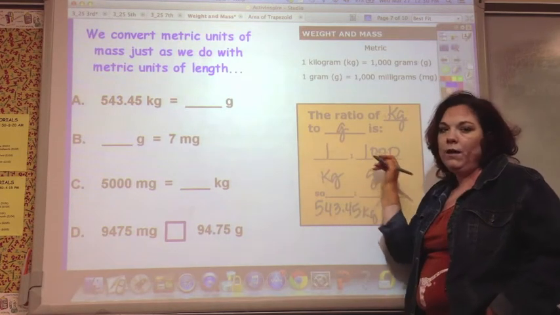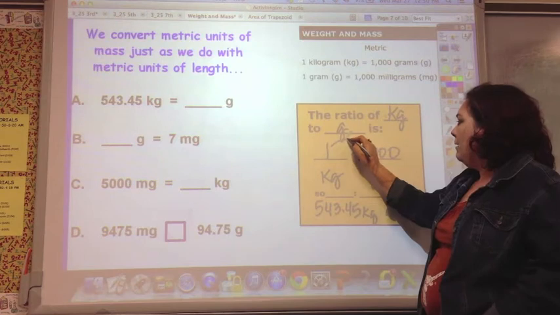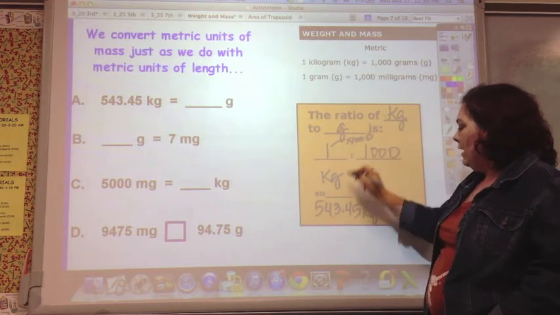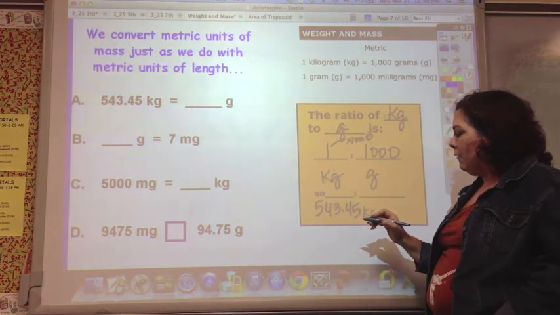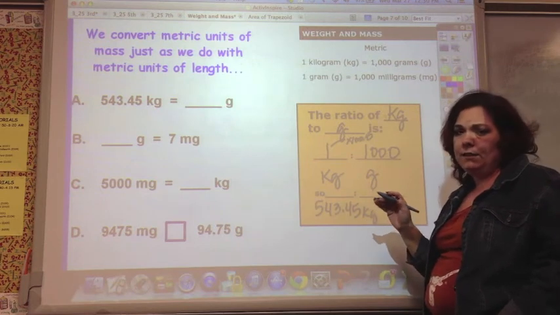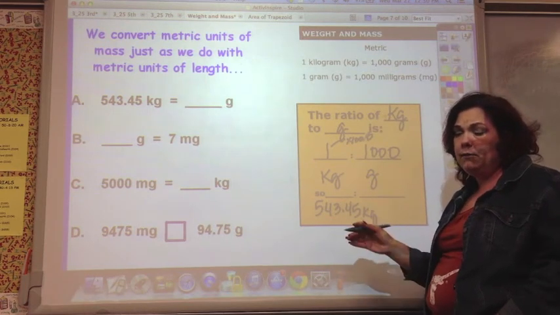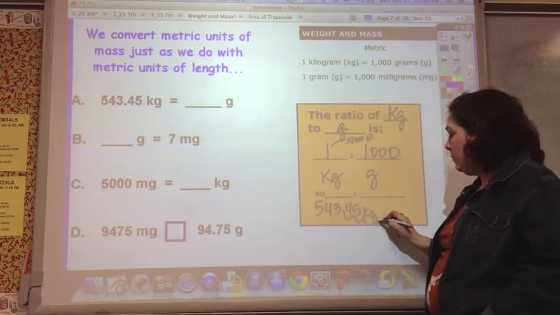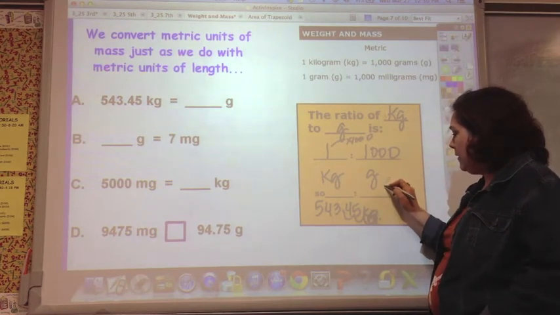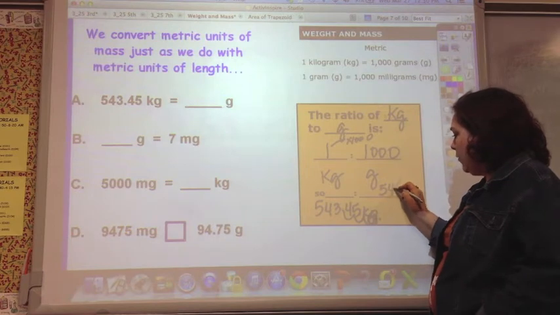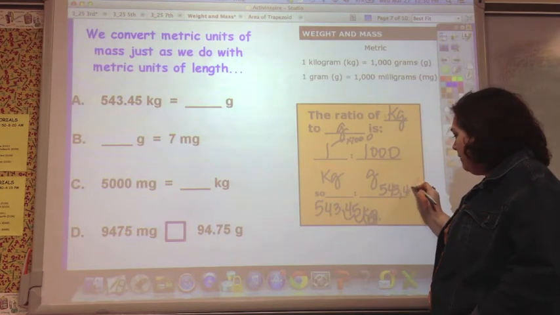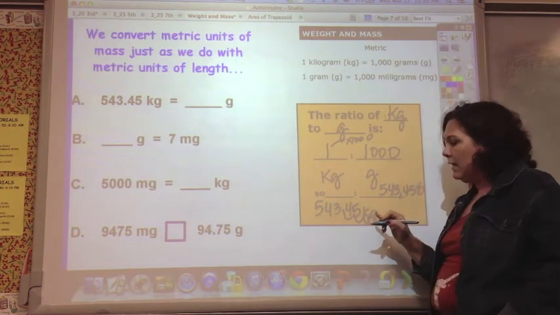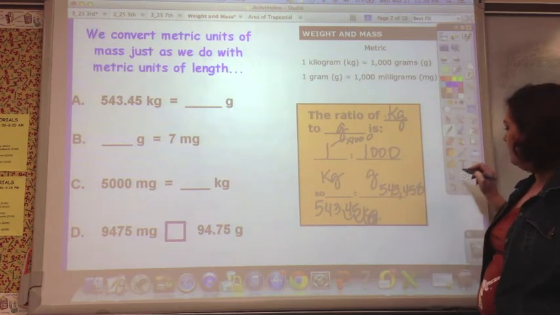How do I get from 1 to 1,000? Multiply by 1,000. We talked about how to multiply by 1,000 means to move your decimal point 3 places to the right. So 1, 2, 3. My answer is 543,450. Don't forget that last 0 because you have to put that in.